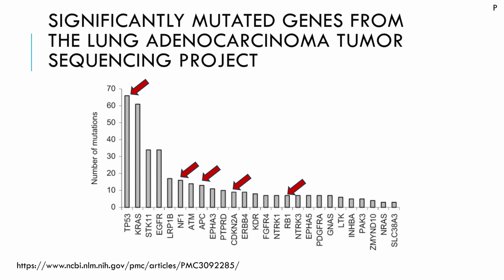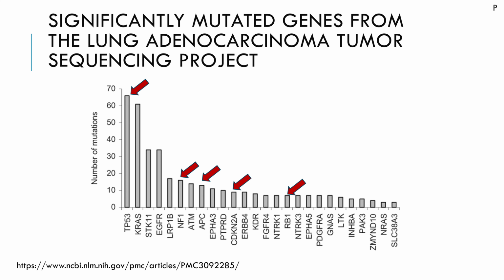It's called TP53. There are a number of other tumor suppressors indicated here as well. Now, KRAS, as we were talking about before, is sort of second in the series. But nonetheless, P53, a tumor suppressor, is the most mutated gene in lung adenocarcinomas.